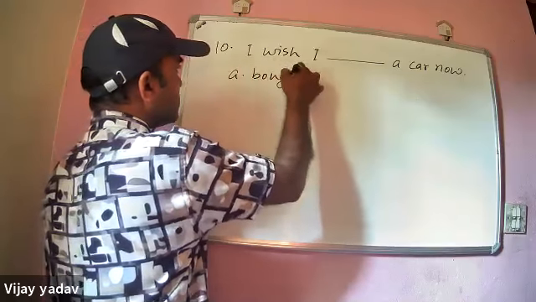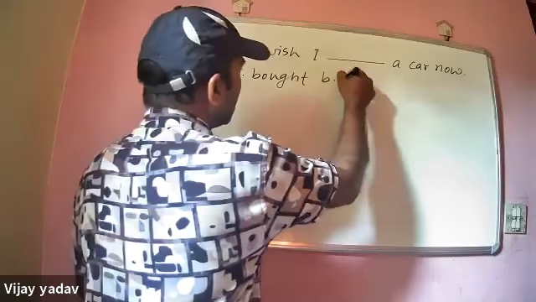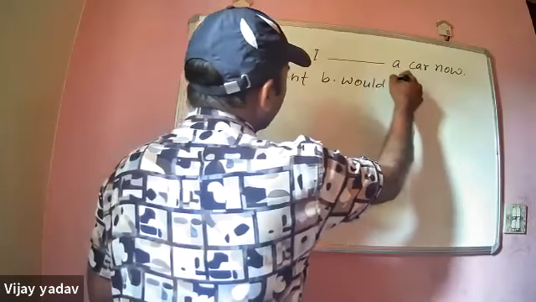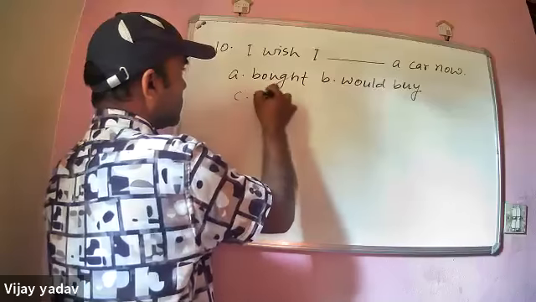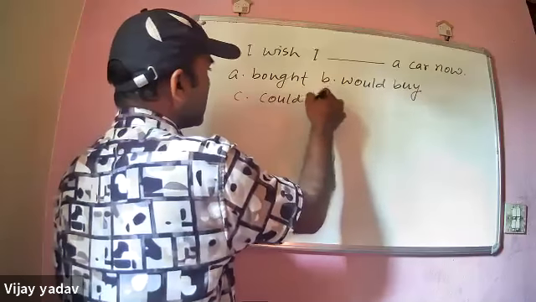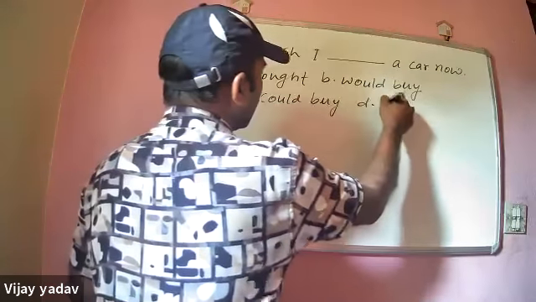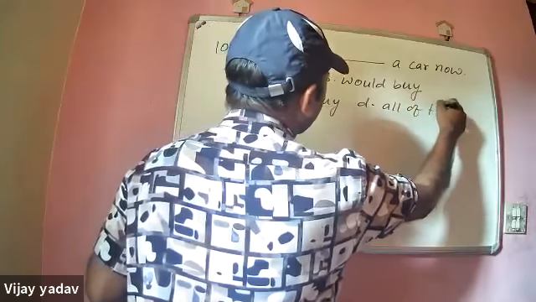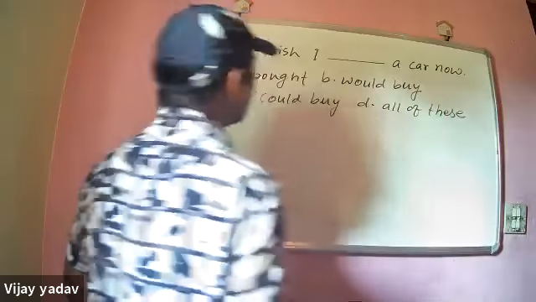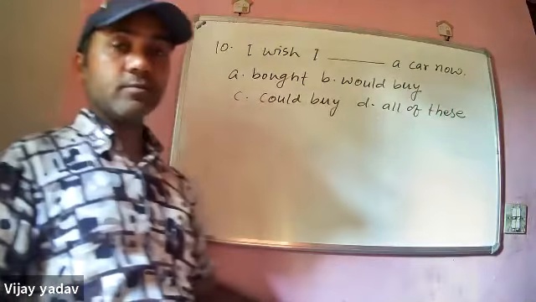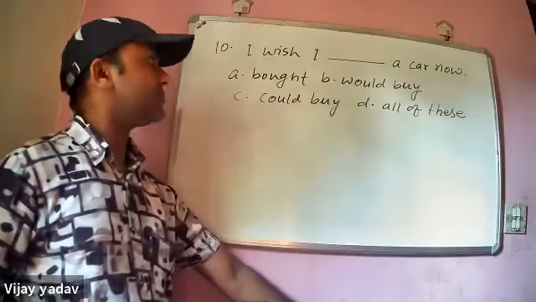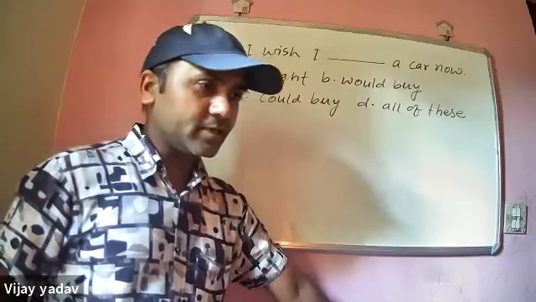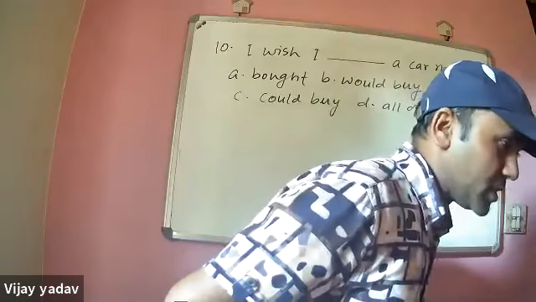The options: bought, would buy, could buy, all of these. Which option? Option C. Okay, correct. Option C, correct.